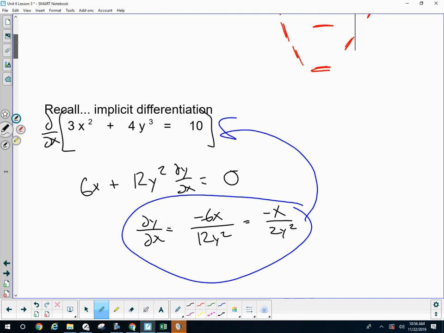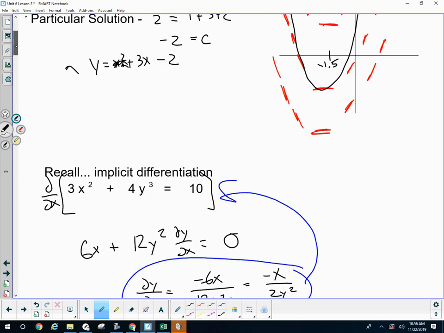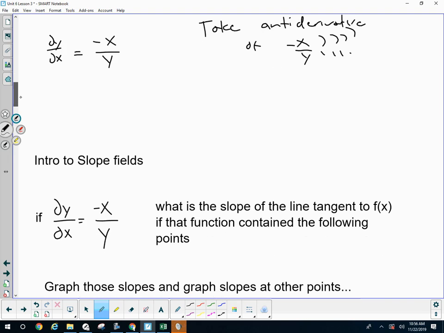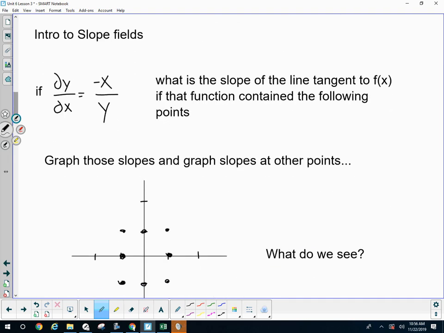We know that if I can see the slopes, I can see the shape of my solution, okay? So we are going to investigate negative x over y by creating what is called a slope field. We already kind of created it on the first page with 2x plus 3.